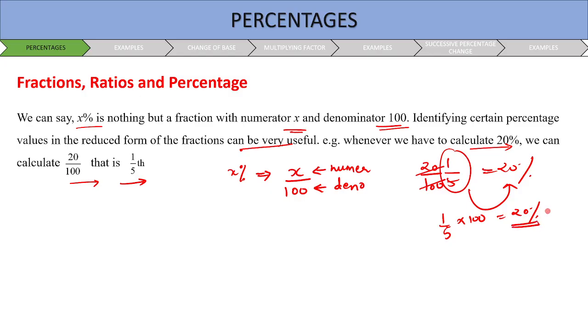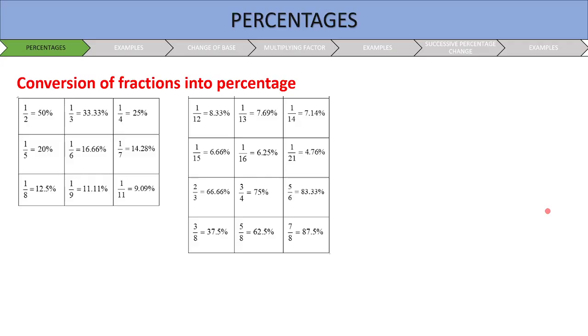So from here, we observe one important thing, that fractions and percentages go hand in hand. What do I mean by this statement? When you consider the fraction 1 by 2, you multiply by 100, the percentage you get is 50 percentage. When you consider the fraction 1 by 3, you multiply by 100, you get 33.33 percentage.